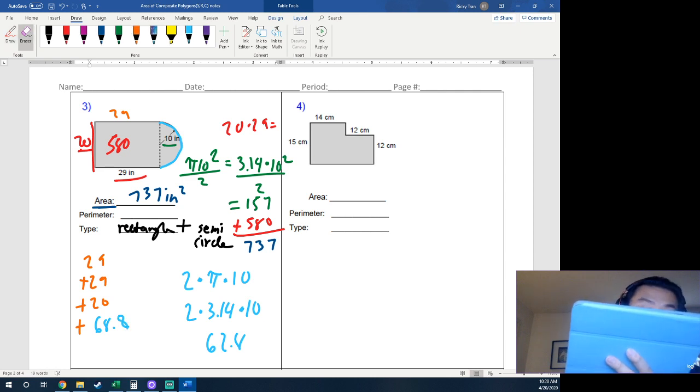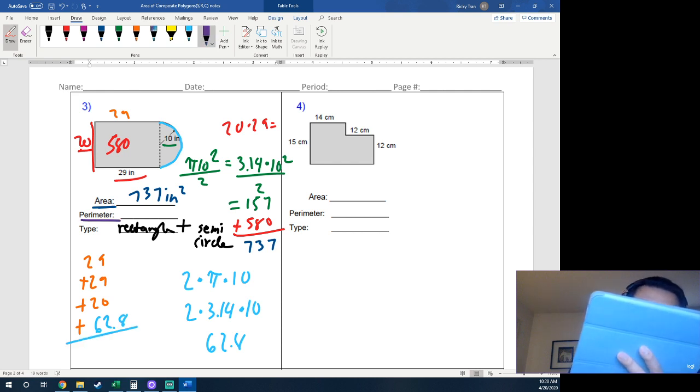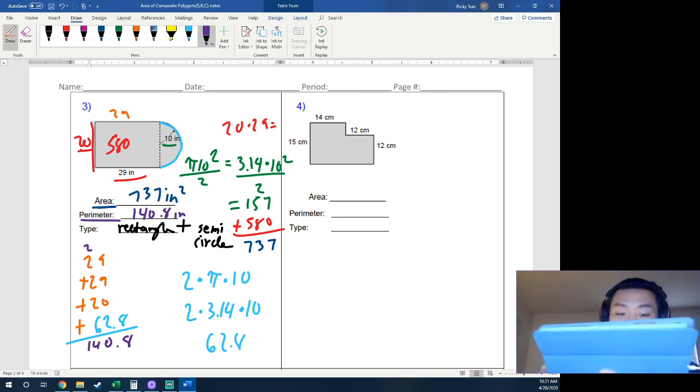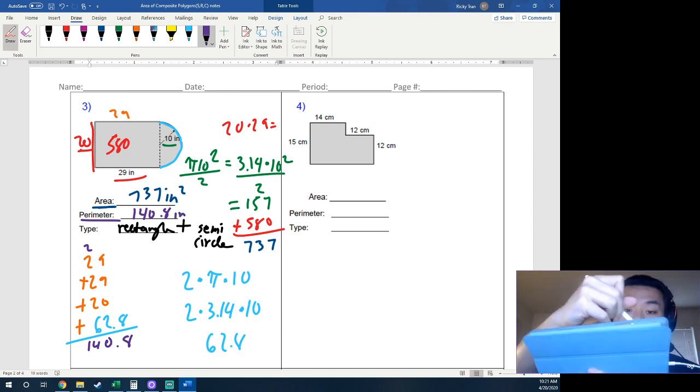Oh, whoops, I wrote 68.2. It's 62.8. Half of it is 31.4, and the perimeter is 140.8 inches.